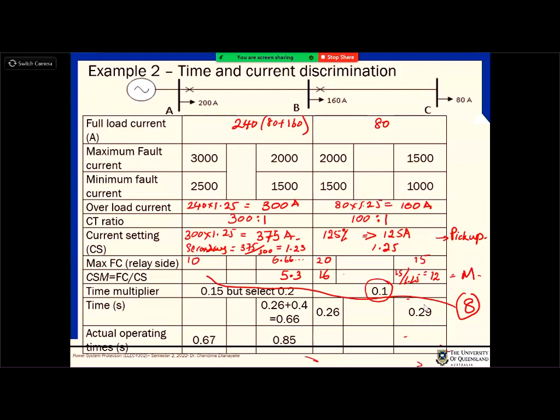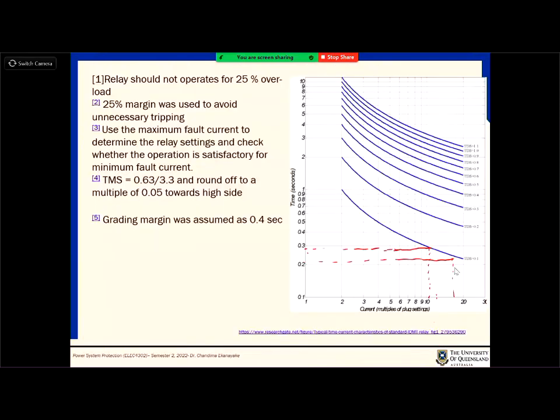Now, if you go back, initially I calculated the operating time at point C. Now I am going to calculate the operating time of the relay at B. If you look at that, it's roughly 0.26, right? That's coming from another value, but if you look at it here, it's roughly below 0.25.